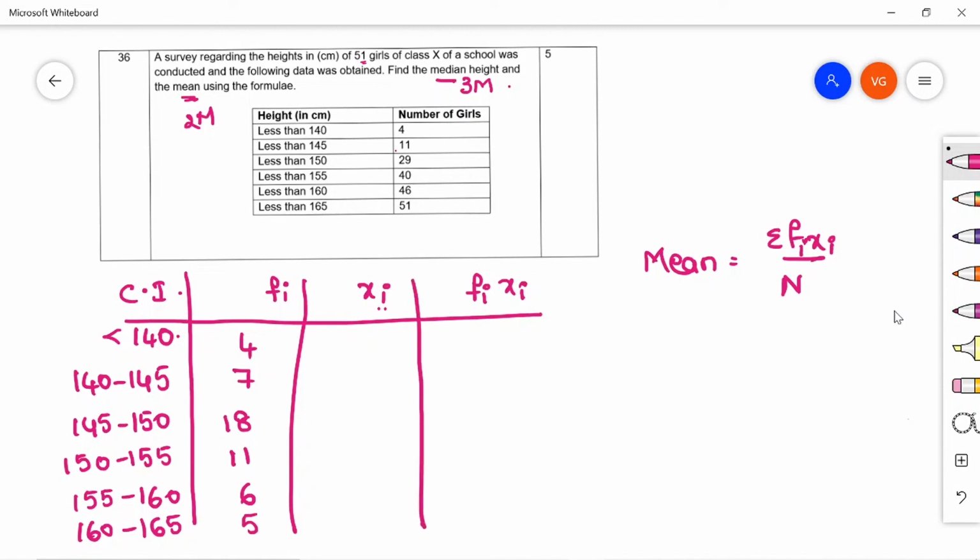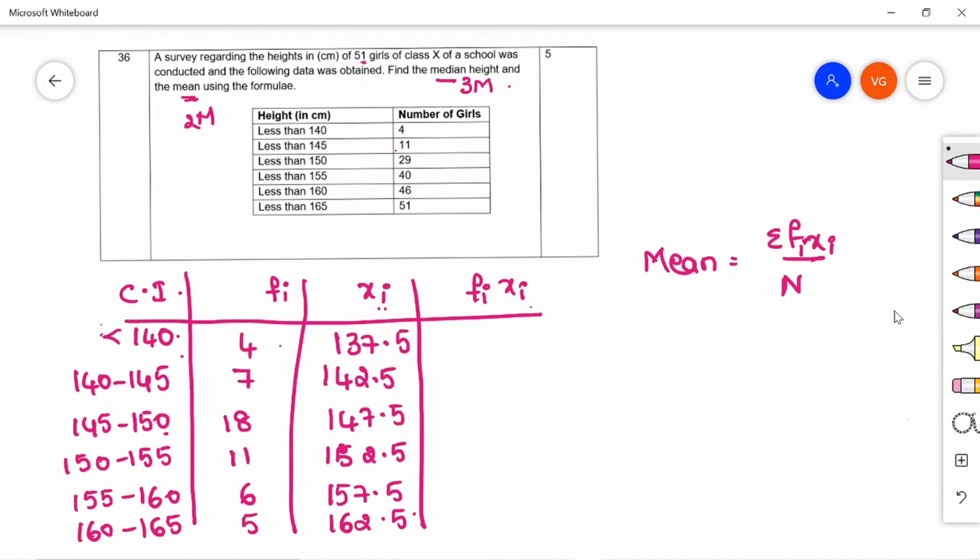Xi is nothing but the average of this class interval, 140 plus 145 divided by 2. For the first one I am considering 135 and 140. So you will get 137.5, then 142.5, average of 145 plus 150 divided by 2, 147.5, 152.5, 157.5, then 162.5.